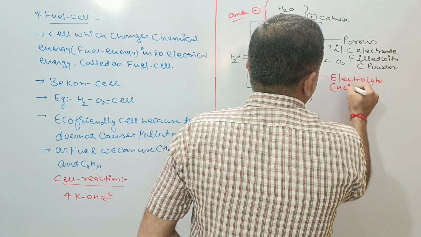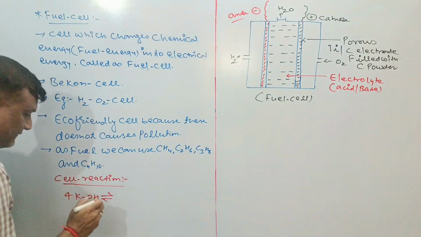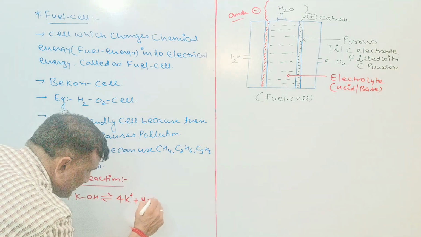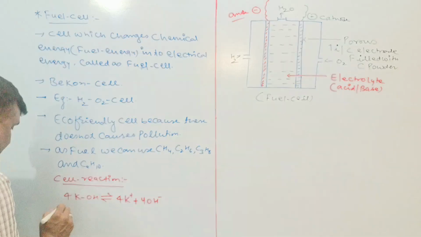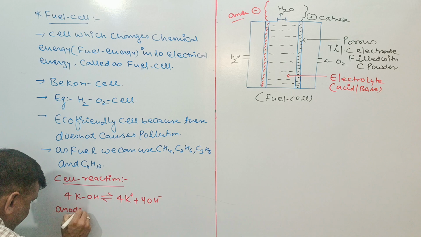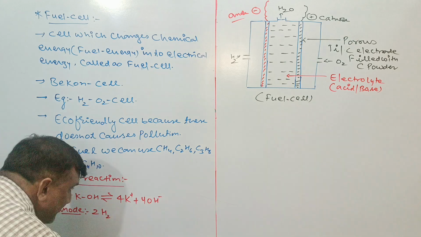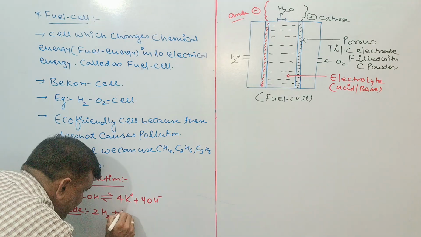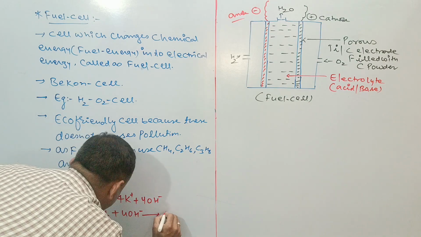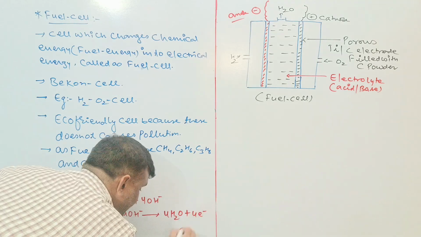First of all, it dissociates into 4 K+ and 4 OH-. First, it is time to discuss the anode. From the side of the anode, H2 gas flows in the form of 2 H2. Here there will be 4 OH-. Over the anode there is loss of electrons, so there is formation of 4 H2O by the loss of 4 electrons.